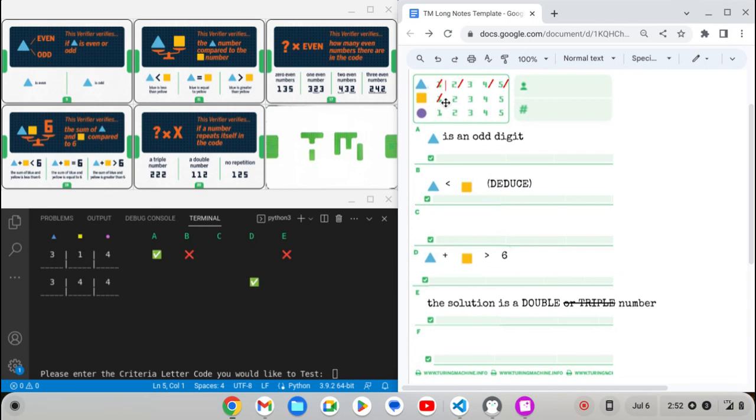ever get a sum of greater than 6 with triangle 1. So that means it's 3, and so that means square can't be 2 or 3, because those give me a sum that's less than or equal to 6.